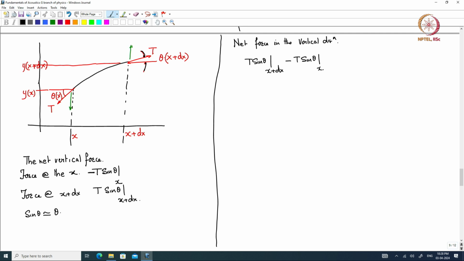And this of course is equal to the mass into acceleration of that element. Now, with this approximation, we write this as T into theta at x plus dx minus T into theta at x, and that is equal to the mass, which is the density, mass per unit length, into the element length into the acceleration, del squared y by del t squared.